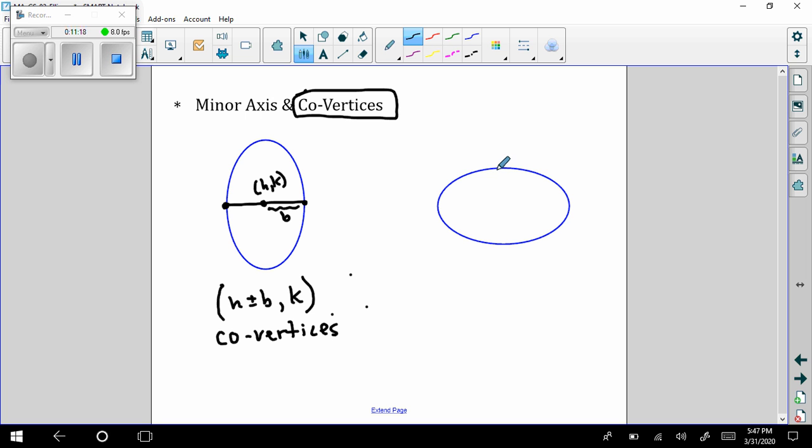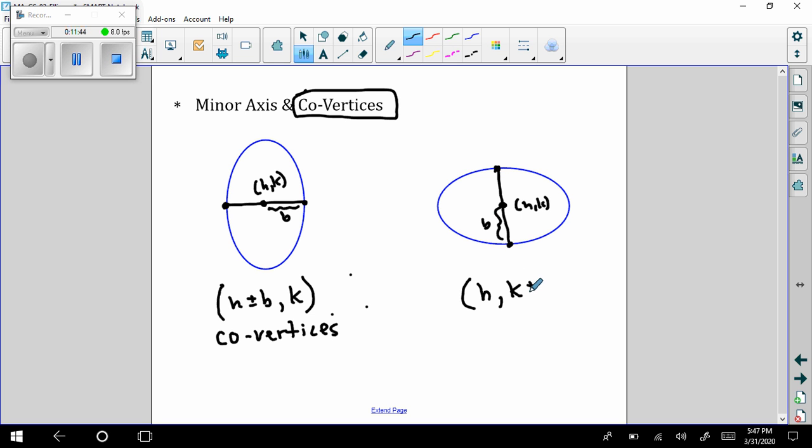Okay, so in a horizontal ellipse, here's my center at HK. My B value is from the center to the vertice. So this one is going to affect the K value. So my minor axis is vertical. So my H value is going to stay the same.